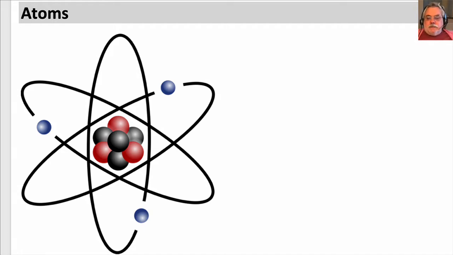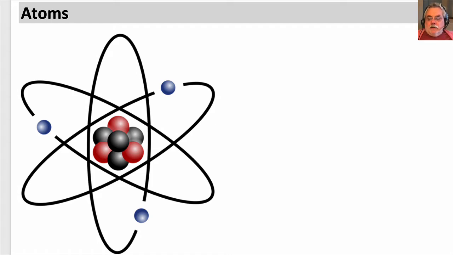So the nucleus is about 100,000th, 10 to the minus 5, the radius of the atom, or 10 to the minus 15 of the volume. Too small to represent at the same scale.